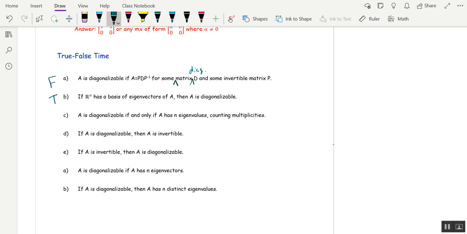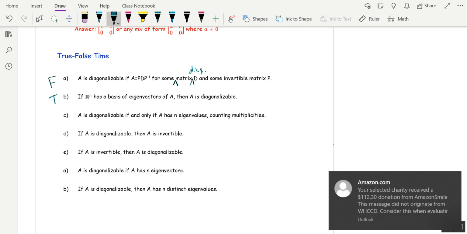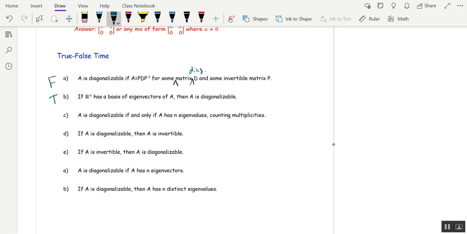A is diagonalizable if and only if it has n eigenvalues counting multiplicity. No, that's always true. So this is false. You want n linearly independent eigenvectors.